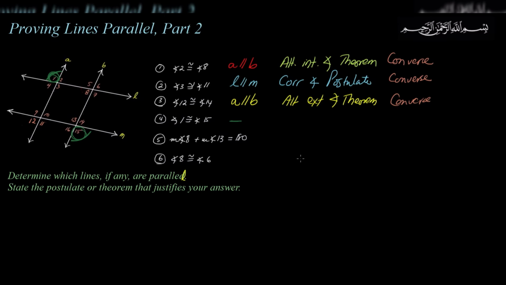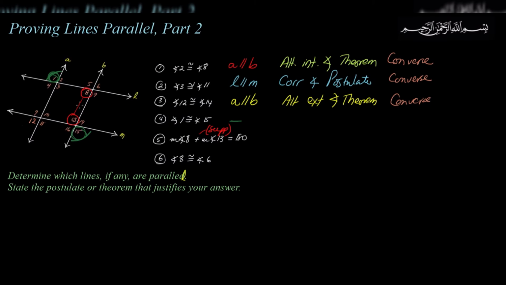Okay, now what? The measure of angle 8 plus the measure of angle 13 equals 180 degrees. Okay, so where is that? This is 8 and 13. We're told that angle 8 plus angle 13 add up to 180 degrees. Well, if they add up to 180 degrees, that's basically another way of saying that these are supplementary, right? So, while they're supplementary, how many theorems do we know about supplementary angles?